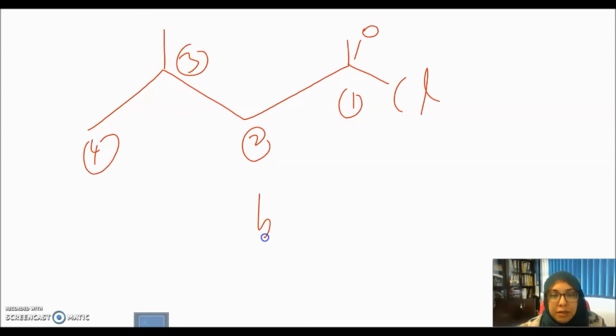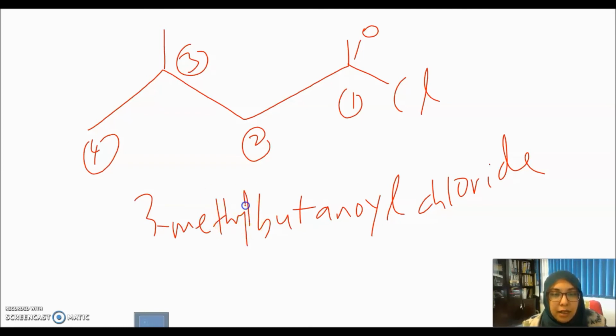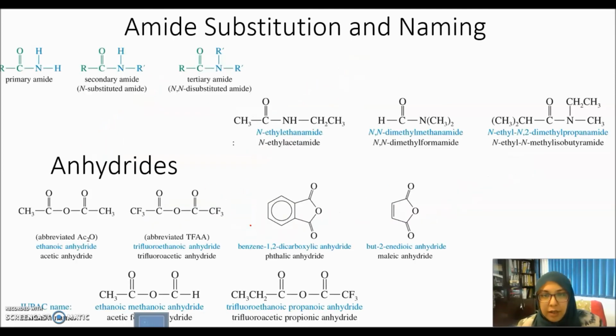Four means but, and then you know it is chloride. So butanoyl chloride. And like carboxylic acid, you don't need to do the numbering for where your C double bond O is, because it is always at carbon 1. But this one, you have a methyl substituent at carbon 3.